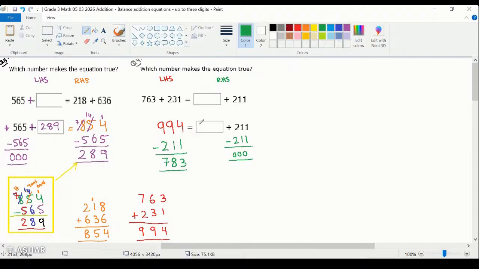So can we say the missing number was 763? Do we have the same answer?